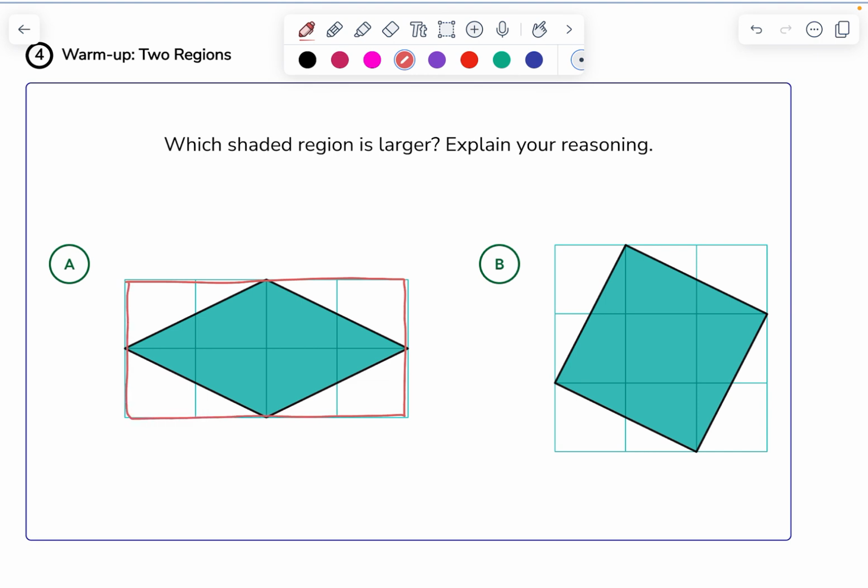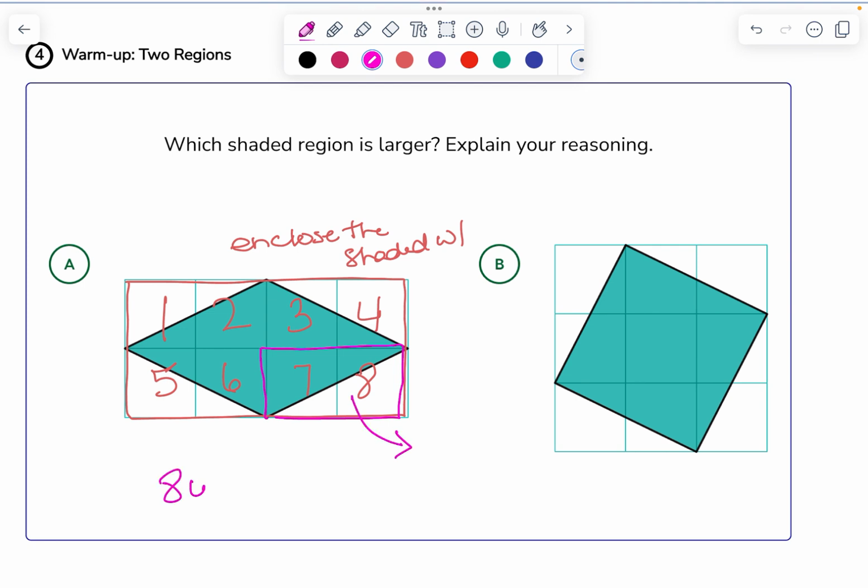I can enclose the shaded area with 1, 2, 3, 4, 5, 6, 7, 8 squares. But if you notice, for example, these two squares, only half of it is shaded.